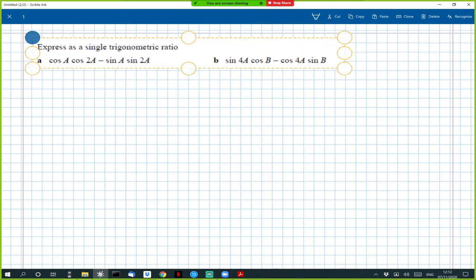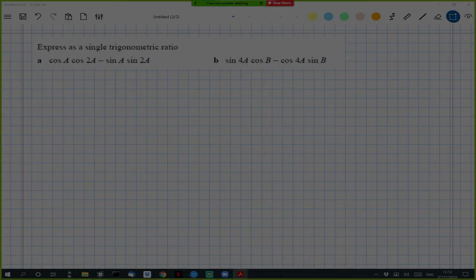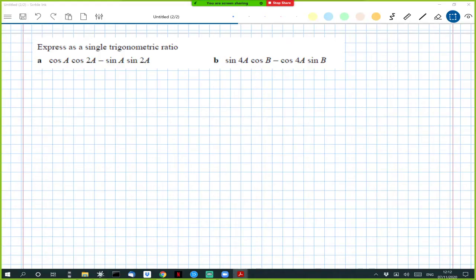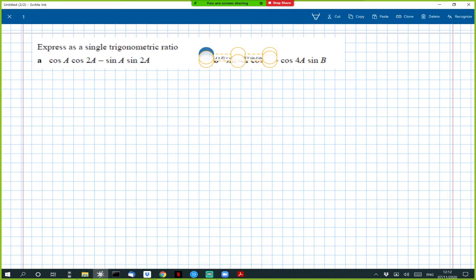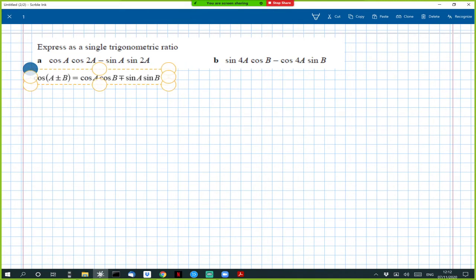So it expresses a single trigonometric ratio. So first of all, you've got to recognize which of the formulae it relates to. So this one is cos cos, sine sine. Well, looking at your formula sheet, you'll realize that this is the one here to use.